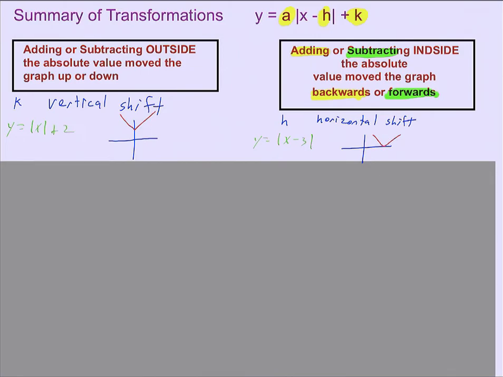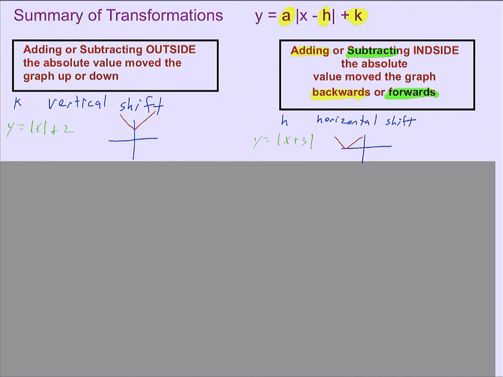And so then the absolute value of x plus 3, if that was a plus sign, the graph would be moved backwards 3. We will do plenty more examples with this in our lesson, so this will make more sense after we've played around with it a little bit.